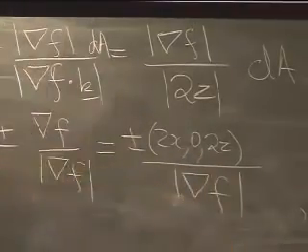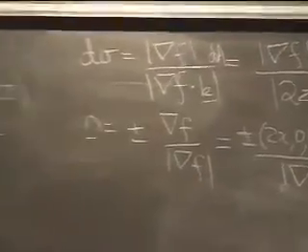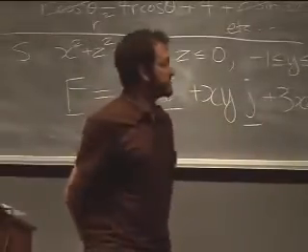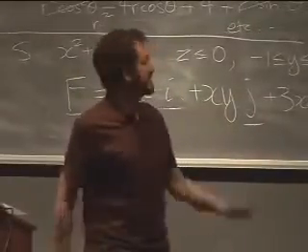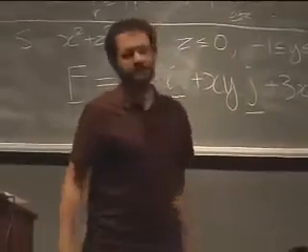And again, I'm not going to touch that. So now we have to ask ourselves, is it plus or is it minus? And this is one of the tricky parts of this problem. So we need to choose the normal that points in the correct direction, namely up, when we're there. So for the values of x, y, z we care about.